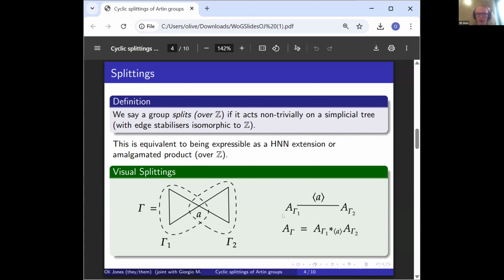And by this correspondence, we should also have an action on a tree, which I've notated here in graph of groups notation.